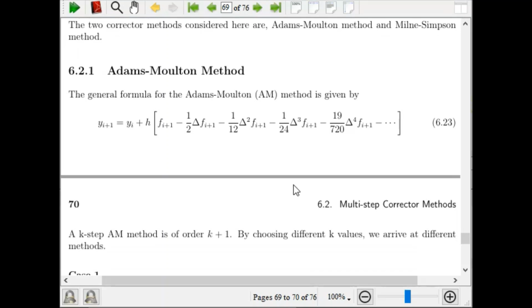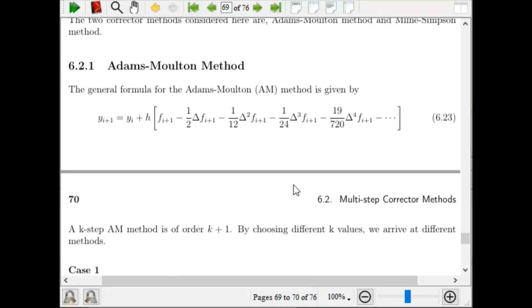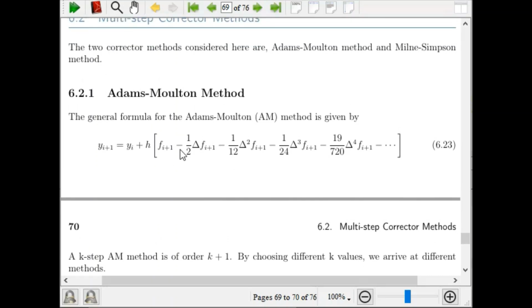So there is a general formula for the Adams-Moulton method. As in the case of the Adams-Bashforth method, wherever you truncate what is in the bracket will give you a different order.